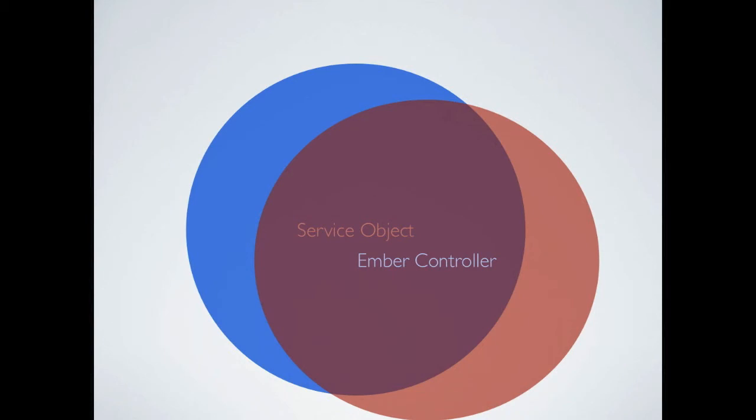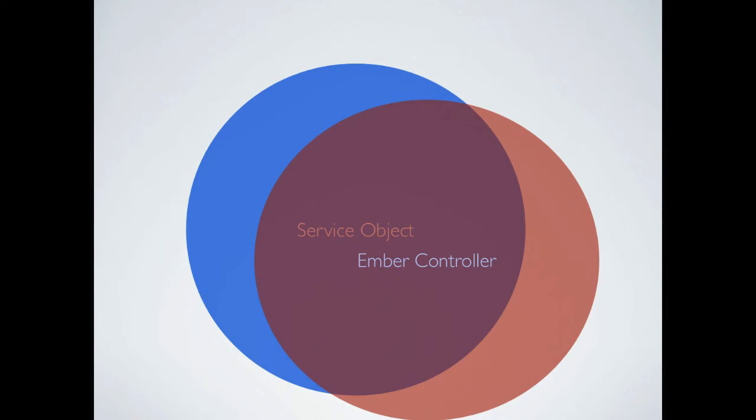This is pretty good, but there's going to be that 20% of new features in Ember that they're not going to use because it doesn't make sense for them to look for those features there. And then there's the 20% on the Rails side where they're going to try to figure out how to cram that into that Ember object, even if that's not where it's supposed to be.